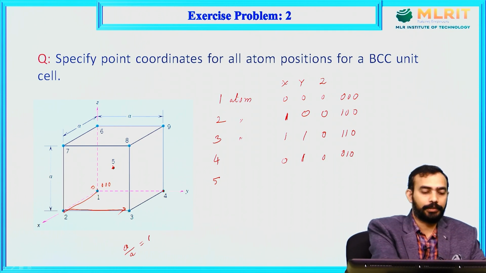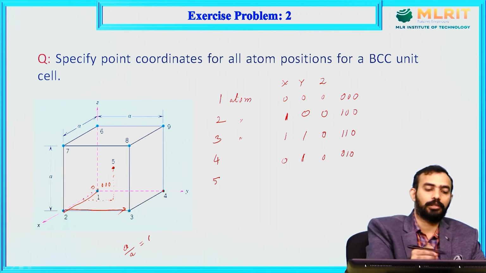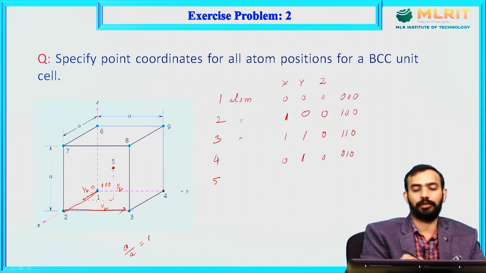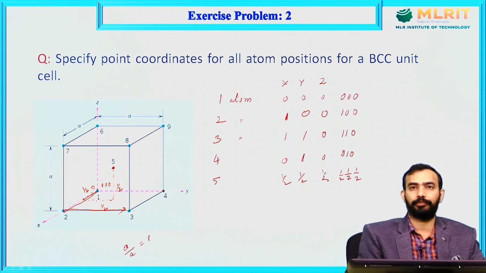So if I see this coordinates, as this is the center, obviously this will become the half portion, and this will become the half portion, and this will become the half portion. So in the x direction it has to move by 1 by 2 and 1 by 2 and 1 by 2, and the coordinates will become 1 by 2, 1 by 2, 1 by 2, right?